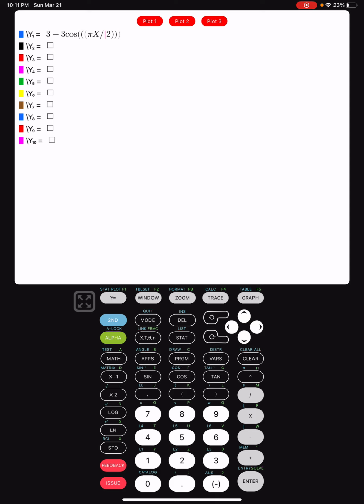Okay. Too many parentheses. Let me begin again. 3 minus 3 cosine pi 2x over 2. There you go.